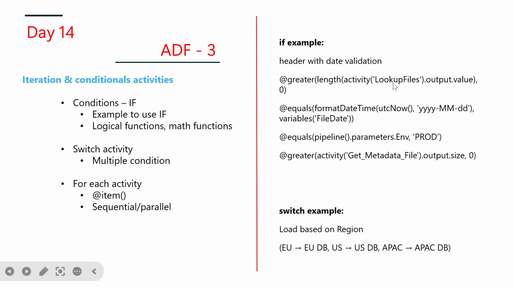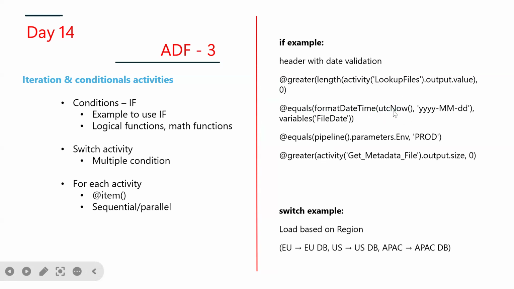Suppose I am extracting data from a lookup file, and if the lookup file value is greater than 0, then only I want to execute something. In that case, I can use greater. Greater is another function, just like equals; we have greater, greater than, and some other functions.